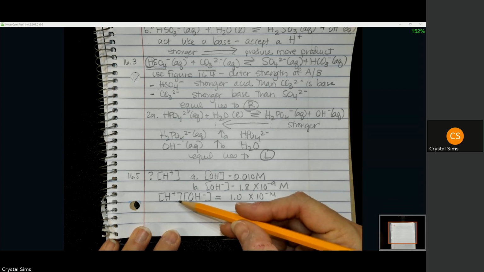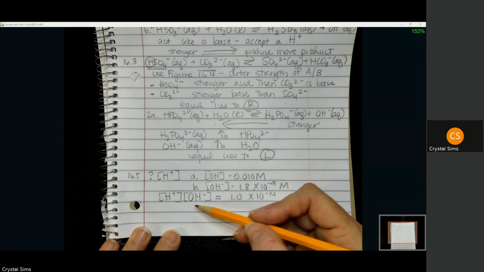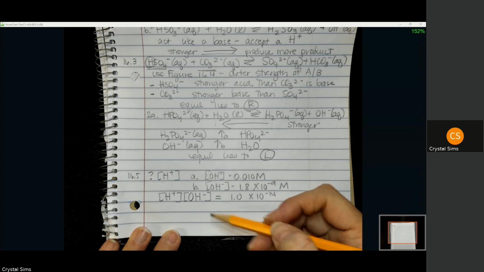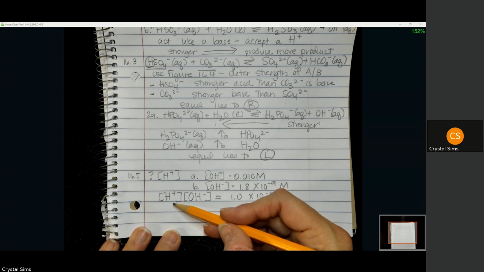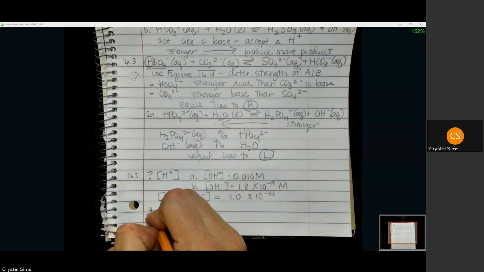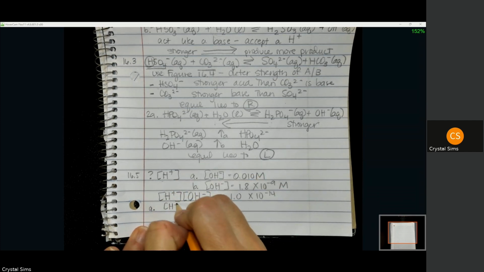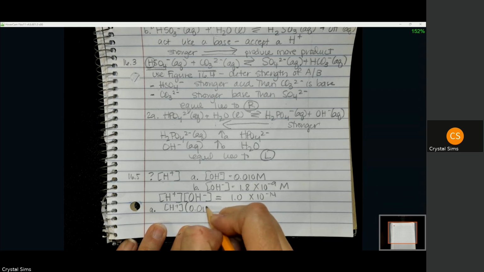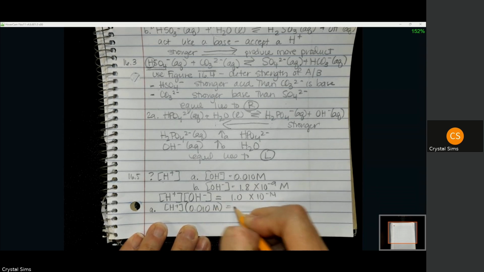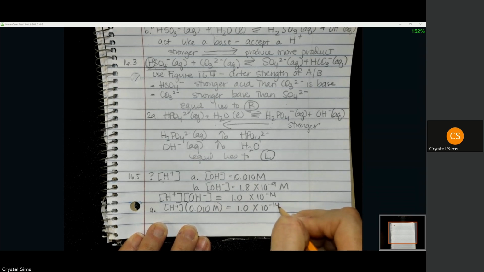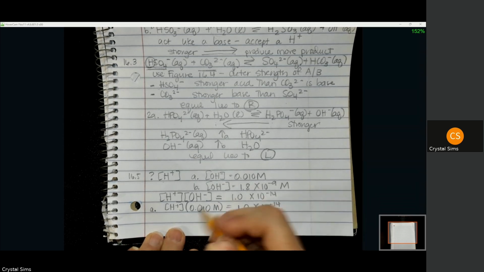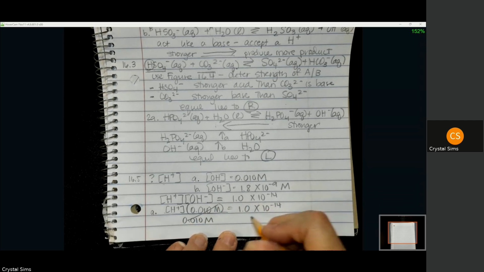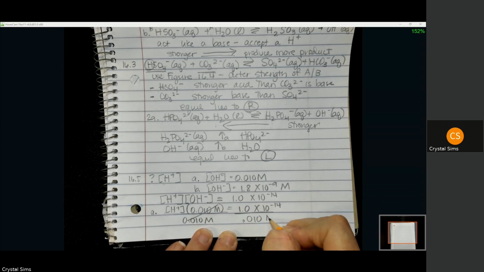So now all I have to do is plug in the hydroxide values that I've been given and solve for hydrogen ion concentration. In the first one, I've got hydrogen ion concentration times hydroxide 0.010, and that's going to be equal to 1 times 10 to the negative 14. So I divide both sides by 0.010 molar.